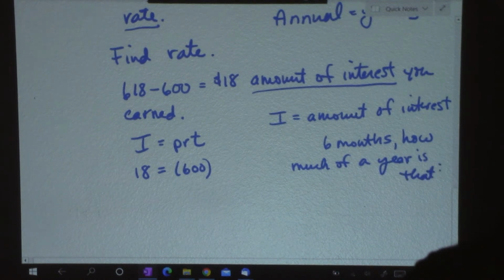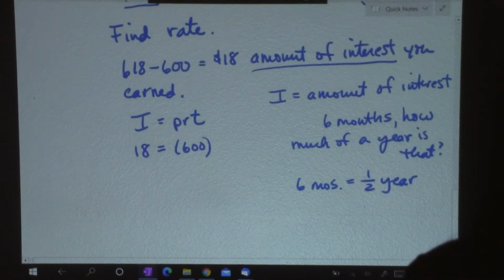Well, that would be 6 months, equals half of a year. And how would I write half of a year as a decimal? 1/2 is the same as 50 over 100, which is 0.50, isn't it?